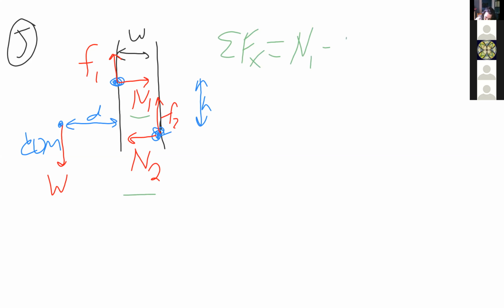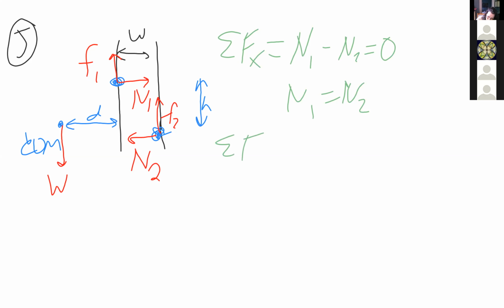So n1 minus n2 is equal to 0. That gives us right away that n1 has to be equal to n2. Not necessarily always the case when you have two normal forces. In this case, it happens to be true, and that'll be a beneficial thing to know.